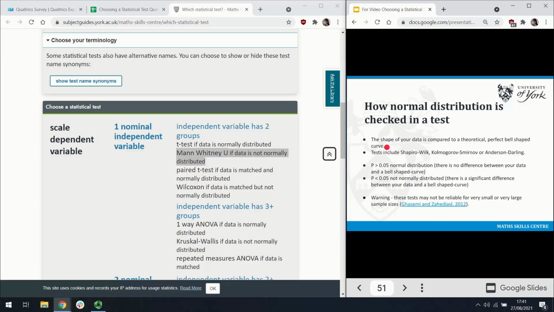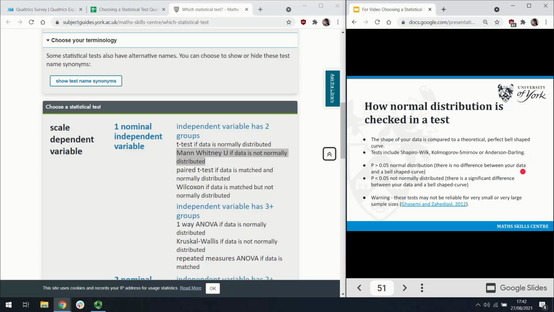That's what the computer does. And it can do that in a mathematical way. And all these mathematicians have come up with slightly different ways of doing that. So what that means is that you could run a Shapiro-Wilk test, or you could run a Kolmogorov-Smirnov test, or you could run an Anderson-Darling test. And there are other tests to do this as well. These are some really common ones to do that.